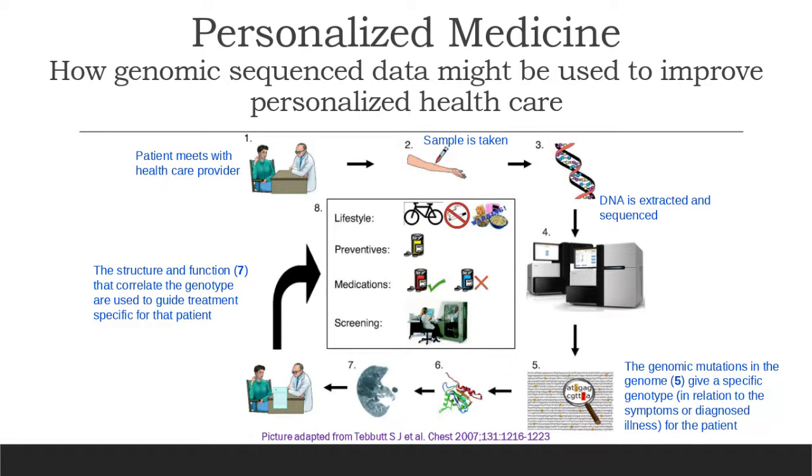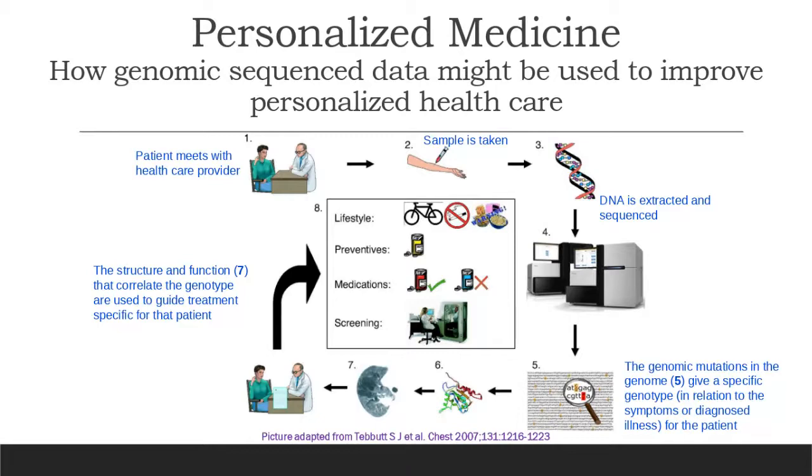Now, in order to do that very well, obviously you need the physician, but you also need a computational scientist, or the physician must have some understanding of an application of computational science in order for that to really be realized.